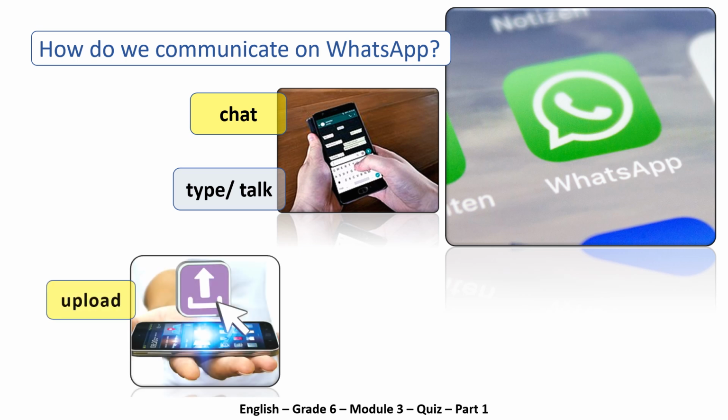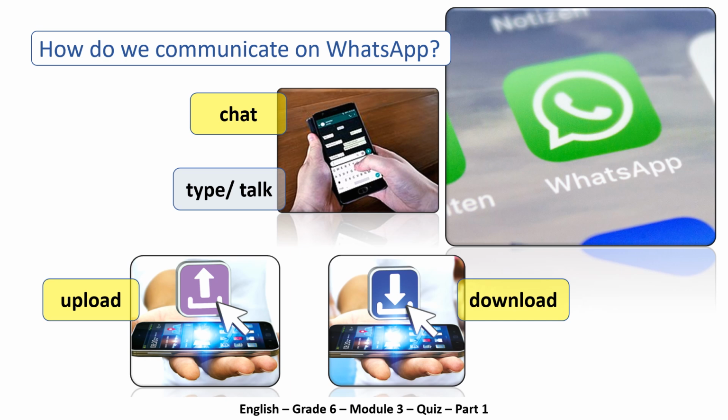Also, you can upload a file from your phone to the internet in order to send to people, or download a file from the internet to your mobile device through WhatsApp.